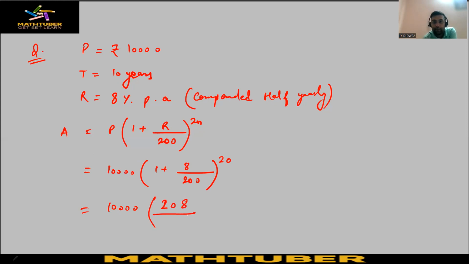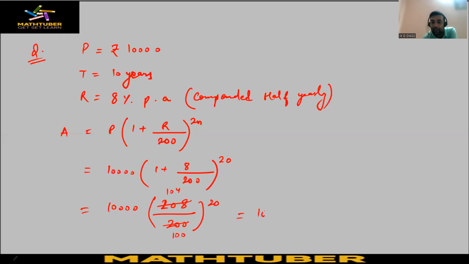And now if we cancel it with 2 here, it will become 100 and this will become 104.